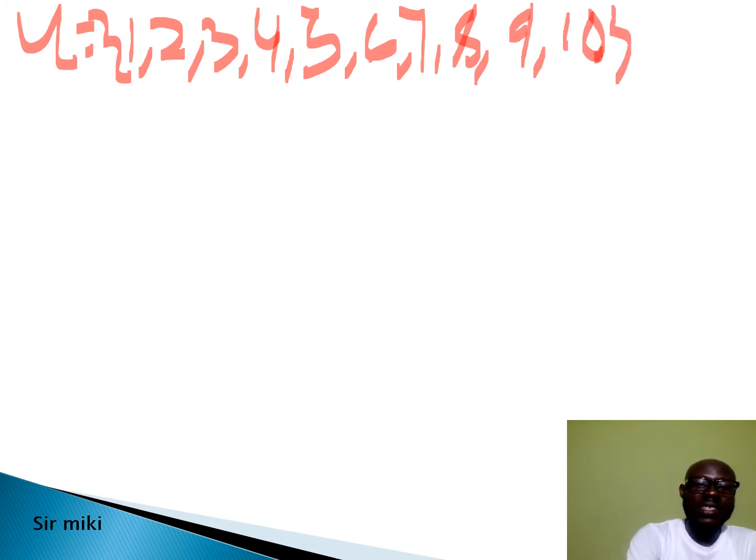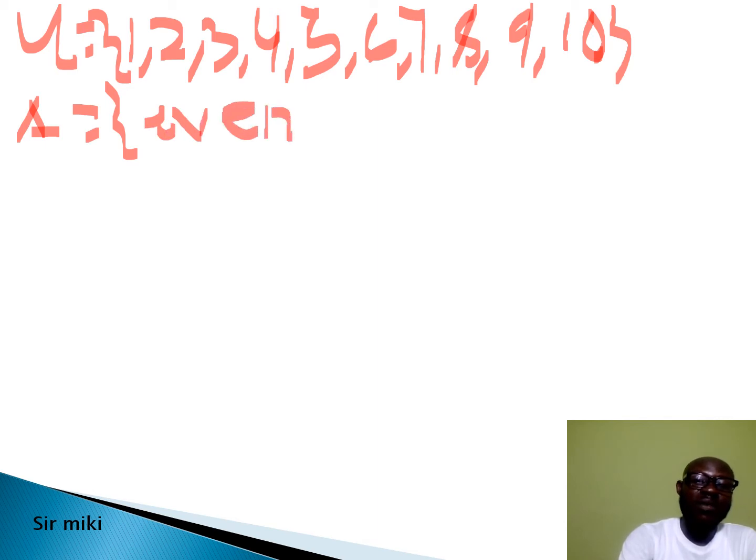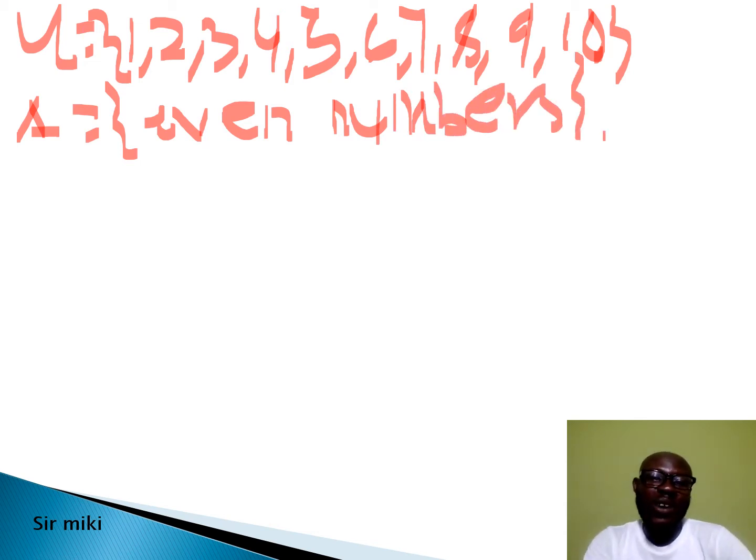Now we are saying that if set A equals curly bracket even numbers.